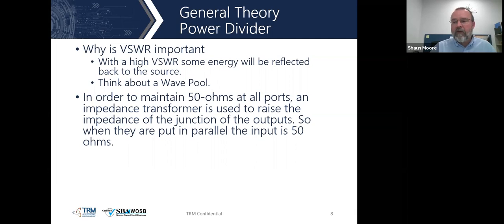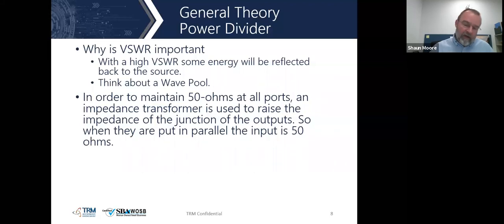If you have a good VSWR, something like 1 point something to 1, that means most of the energy is being transferred. Think about a wave going across the ocean. Nothing's interfering with it. Energy is being transferred from one point to the next very efficiently.